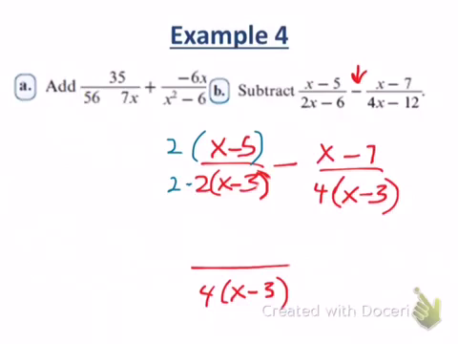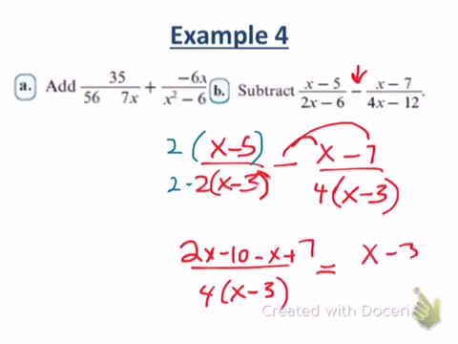On the left, when you distribute the 2, you get 2x minus 10. And when you distribute this negative to these terms, you get minus x plus 7. And what does that give us?